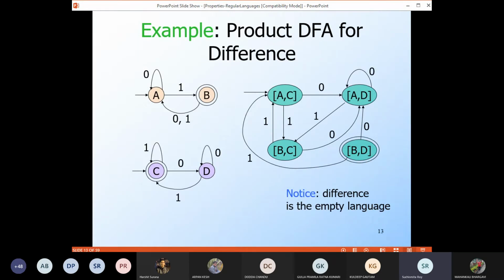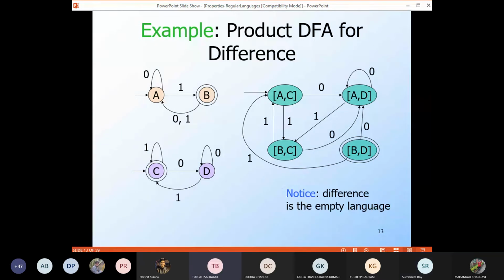Now what if you had to create a finite automata for M minus L? See, I've changed the direction. This example shown on the screen is for L minus M, but I am talking about M minus L. In that case, which will be your final state?